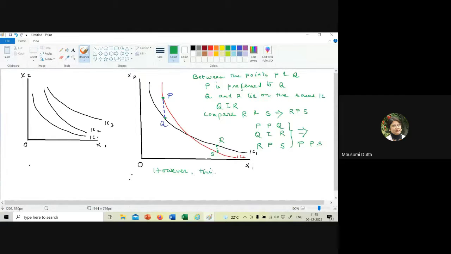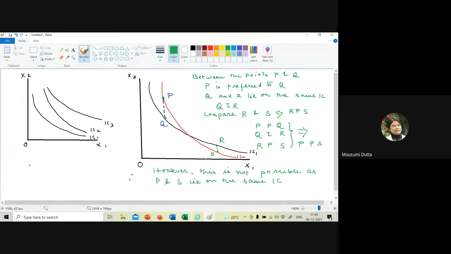This is not possible as P and S lie on the same IC. So if the two indifference curves are intersecting each other, then we are getting a contradiction.